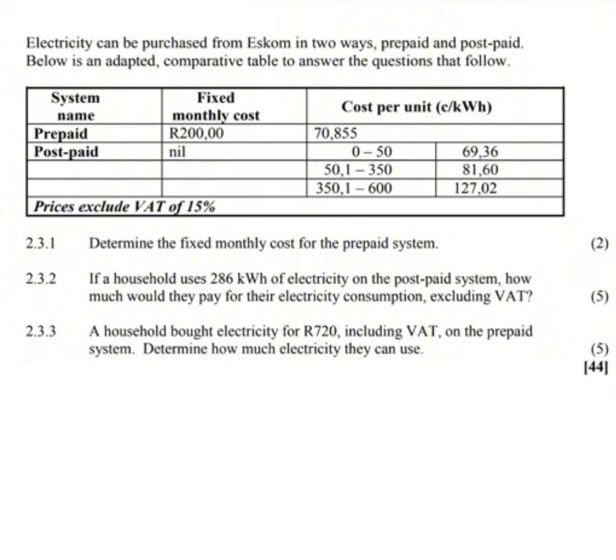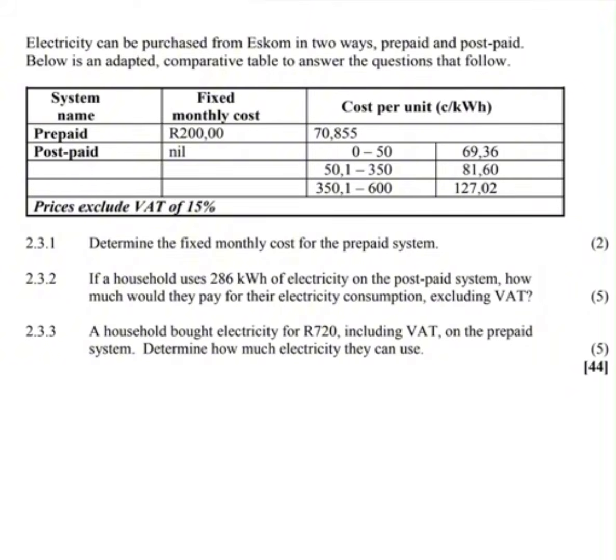Then the cost per unit is charged in cents. For prepaid, each and every unit you're going to pay 70.855 cents. Then for postpaid, if you consume 0 to 50 units, you're going to pay 69.36 cents. If you consume 50.1 to 350 units, you'll be paying 81.60 cents.